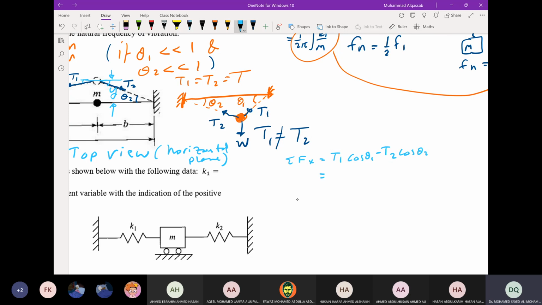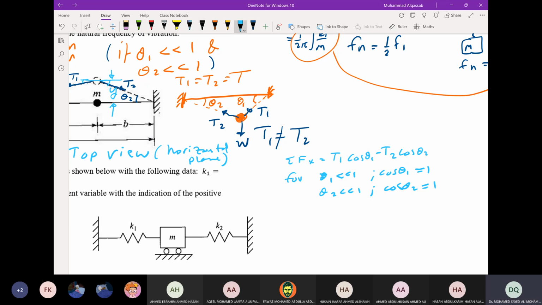And for theta 1, as we said, theta 1 much less than 1, cosine theta 1 is 1. And similarly, theta 2 much less than 1, cosine theta 2 is equal to 1.